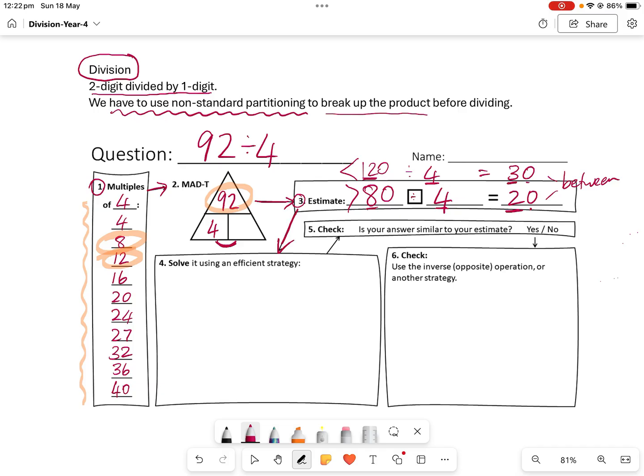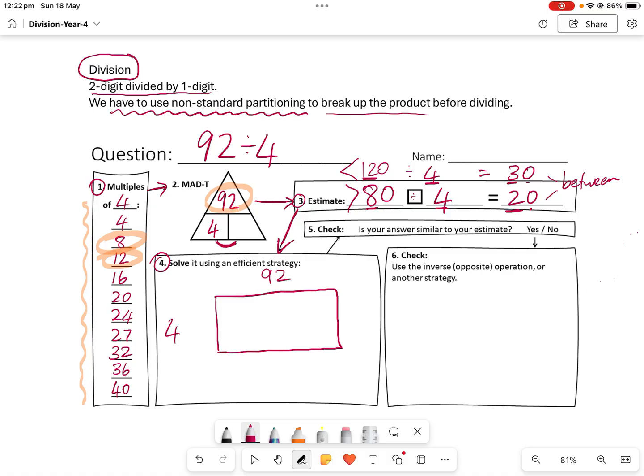Okay, after I've done my estimate, I'm going to solve it. I'm going to use, again, the area model to solve it. So this whole part here is worth 92, but I need to break 92 up into parts that can be divided by 4.